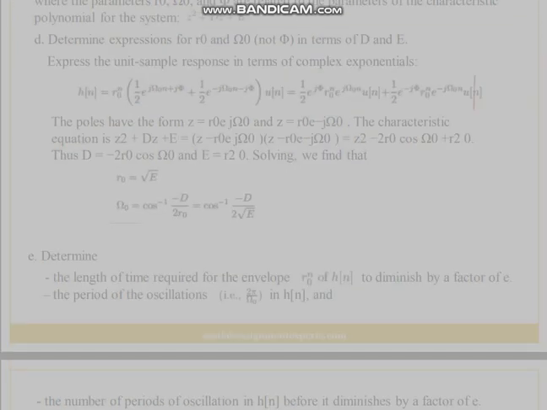where the parameters R0, omega 0, and phi are related to the parameters of the characteristic polynomial for the system. D. Determine expressions for R0 and omega 0, not phi, in terms of d and e. Express the unit sample response in terms of complex exponentials. The poles have the form z equals R0 e^(j omega 0) and z equals R0 e^(-j omega 0).